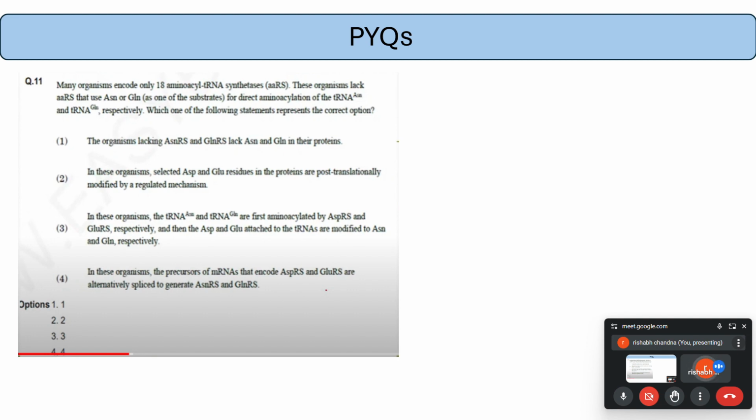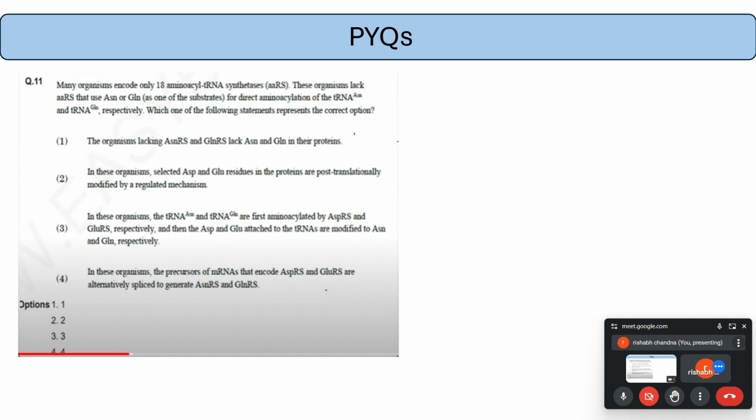In these organisms, the tRNA asparagine and tRNA glutamine are first aminoacylated by aspartate RS and glutamate RS respectively, and then the aspartate and glutamate attached to the tRNAs are modified to asparagine and glutamine respectively. And in these organisms, the precursor mRNAs encoding aspartate RS and glutamate RS are respectively alternatively spliced to generate asparagine RS and glutamine RS.